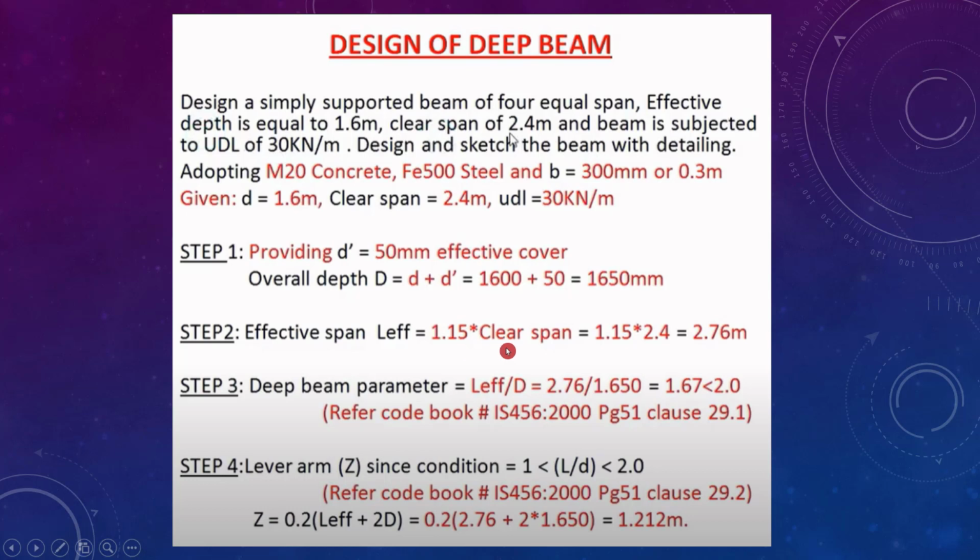So by adopting the equation, 1.15 into clear span will give you 2.76 meter. So we know the total depth of the beam, and we calculated the effective span. So by L by D ratio, we get L effective by D is equal to 2.76 divided by 1.650, which will give you 1.67.